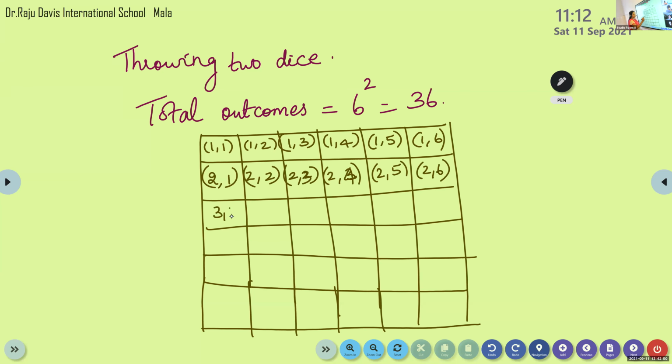What are the possible outcomes? 3,1; 3,2; 3,3; 3,4; 3,5; 3,6.